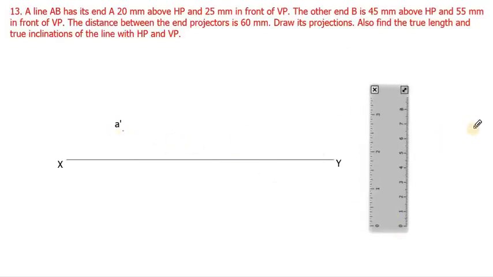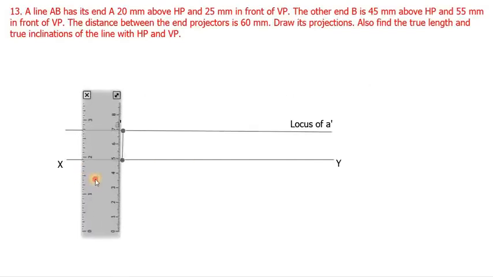Along A dash, draw a locus line. Draw a straight line along A dash. So this will be the locus of A dash. Then from A dash, draw one straight vertical line up to XY. This is the A dash projection line, and extend this line to 25 mm, that is in front of VP.